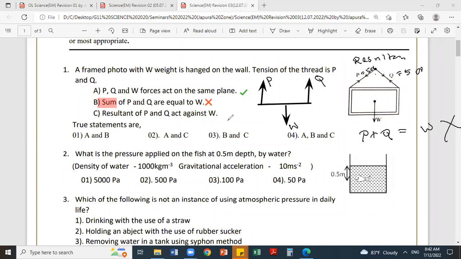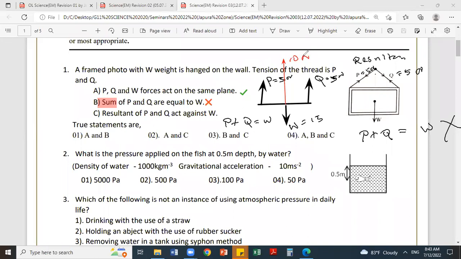But when they are parallel, you can say P plus Q equals W. If P equals 5 Newton and Q equals 5 Newton, then the resultant will be 10 Newton, and that is W. The resultant lies in between these two, exactly against W. So the resultant is 10 Newton, opposite to W and equal in magnitude.